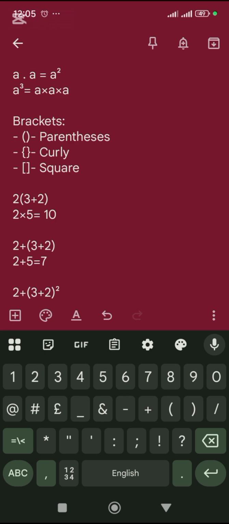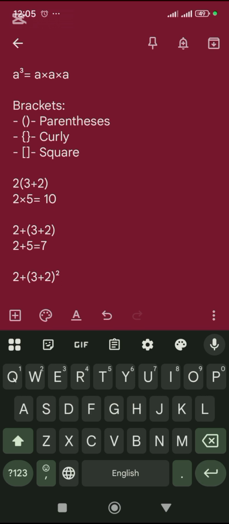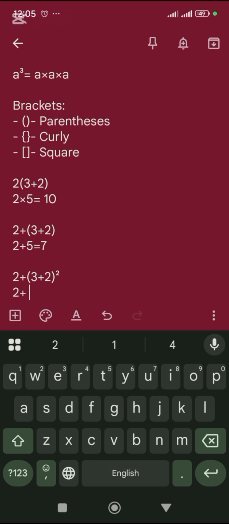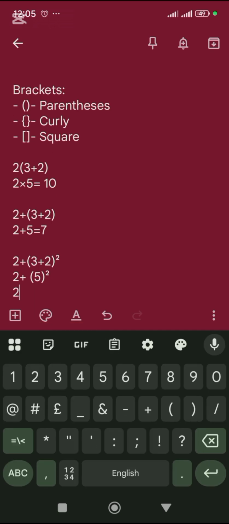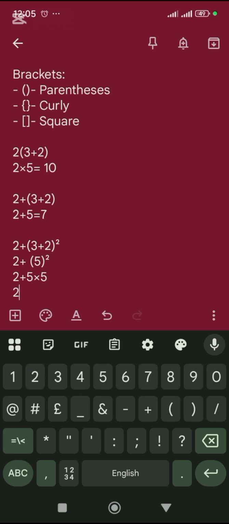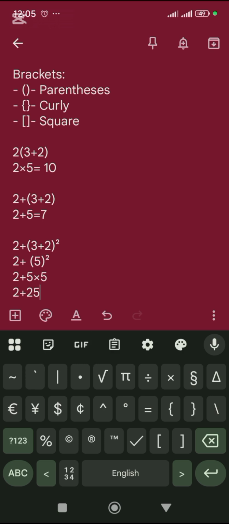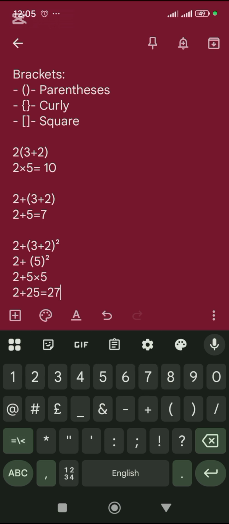The square captures everything within the bracket, and so this would be 2 plus open bracket 5, raised to the power of 2. This would be 2 plus 25, and this will be equal to 27.